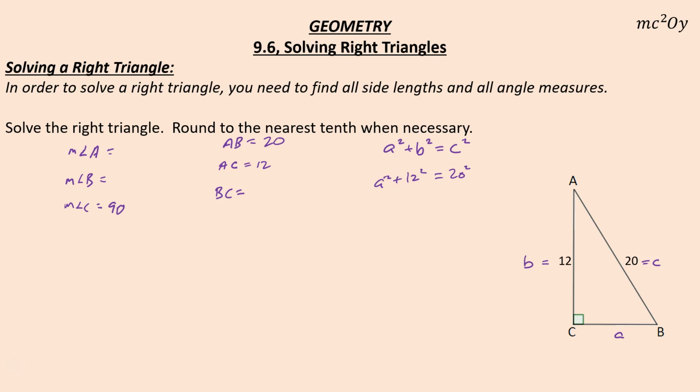But the other thing to remember is, if you remember what Pythagorean triples are, like 3, 4, 5, this is a 3, 4, 5 triangle here. 12 is 4 times 3. Okay, 20 is 4 times 5.